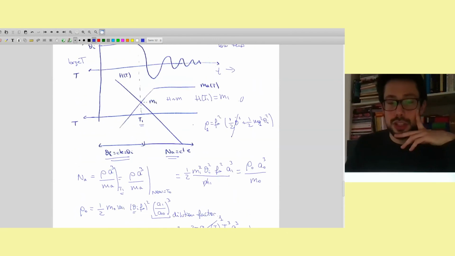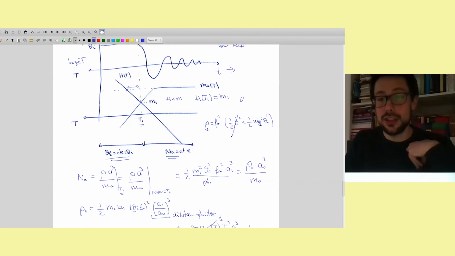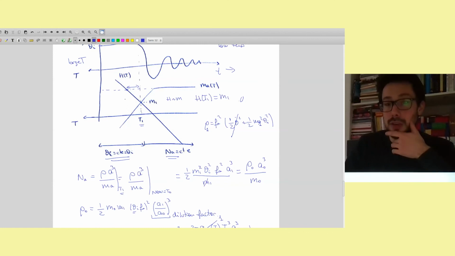As compared to the case in which the axion mass is constant, effectively what you are doing is changing the onset of oscillations. If the mass is smaller at high temperatures, we are delaying the onset of oscillations and therefore enhancing the axion relic density.